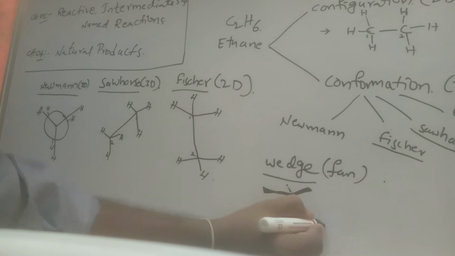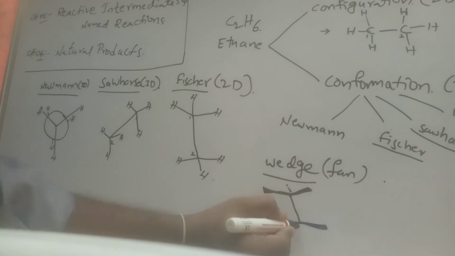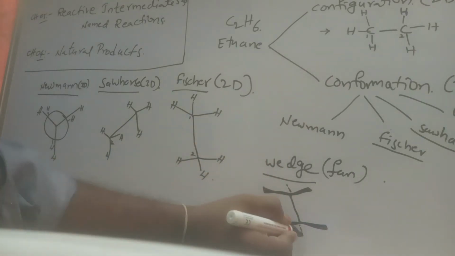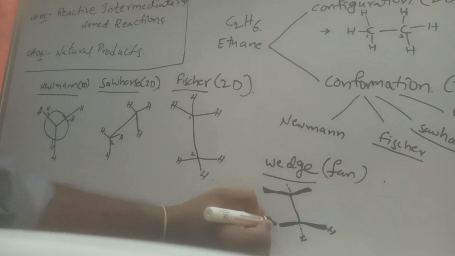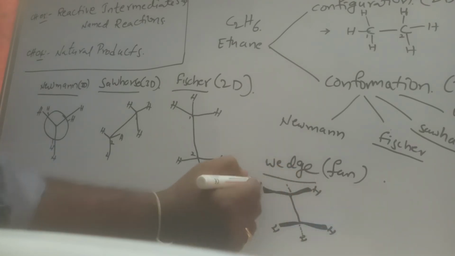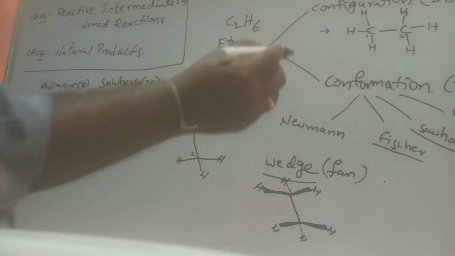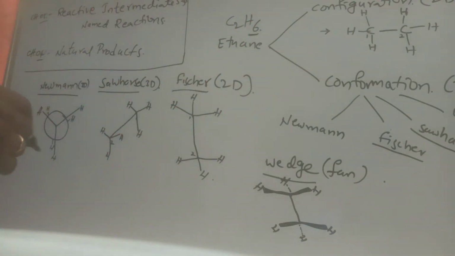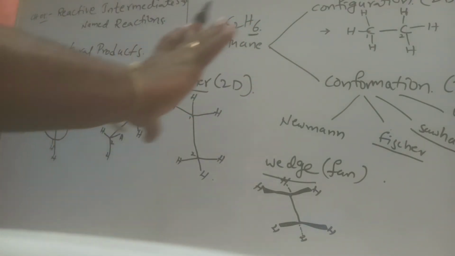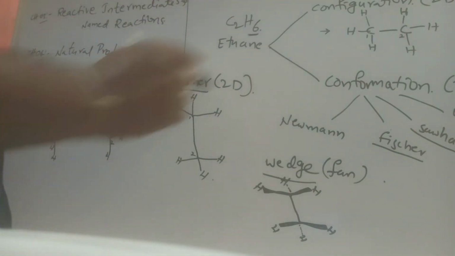Two wings are visible towards us, and the third wing is not visible to us. These 3 bonds also have the 6 hydrogens. So these are the conformational structures, and this is the configurational structure.